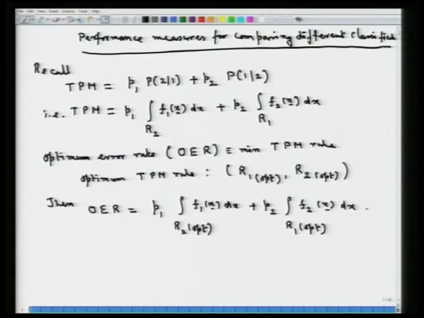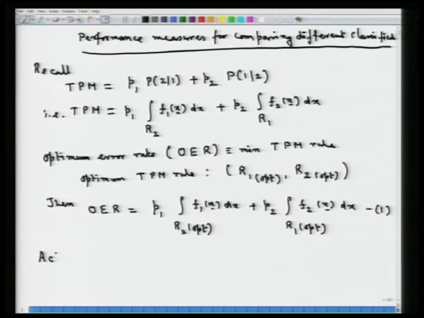So, this is one such measure for classification. You look at the optimum partitions that you obtain and then calculate the total probability of misclassification corresponding to that. Now, note that when we talk about R1 opt and R2 opt, these quantities, as we had seen in the earlier lectures, depend on population quantities like the unknown mean vector and unknown covariance matrix in the case of multivariate normal populations.